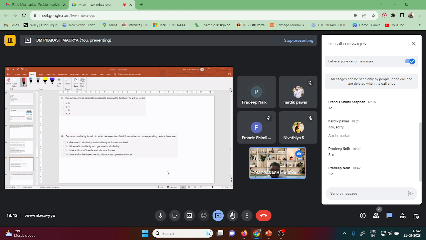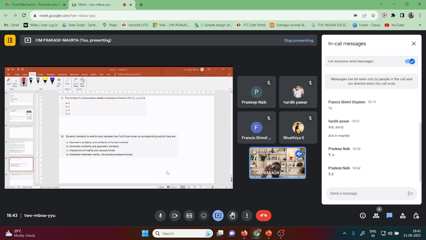We will go through some concepts before discussing the answer of this question. I will go through some concepts of the Buckingham Pi theorem. We need the Buckingham Pi theorem to find the non-dimensional parameters involved in the flow domain. Why non-dimensional parameters? They are very important because for the model and for the prototype they will be the same.